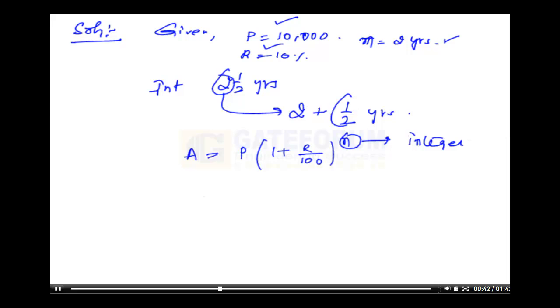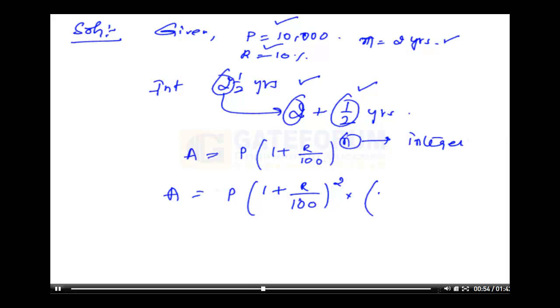Now for this fraction also we can write the formula. First we write for the entire 2 years, which will be P into 1 plus R by 100 raised to the power of 2, into, for this half year, 1 plus. If the rate of interest for the entire year is R, then the rate of interest for half a year will be R by 2. So instead of R, it will be R by 2 by 100. Now substitute the values.